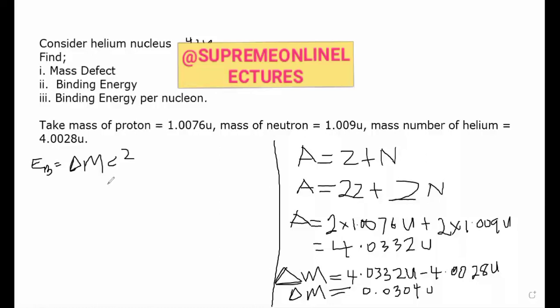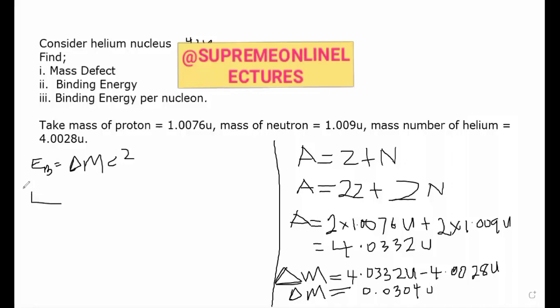Okay, but in this case, our mass is 0.0304 and the U here is a unit of mass. So by the time we convert this to milli-electron volt, it gives us the value of the binding energy.